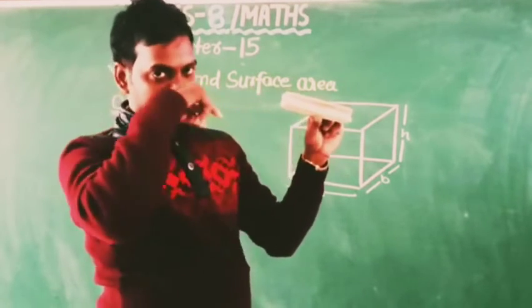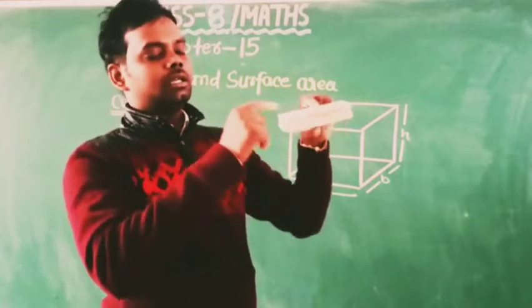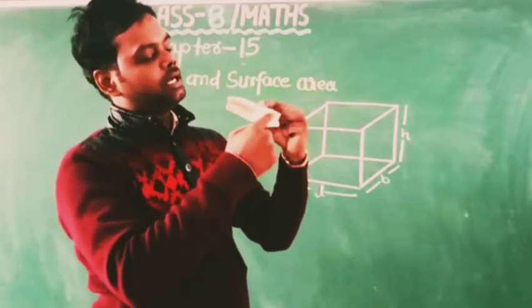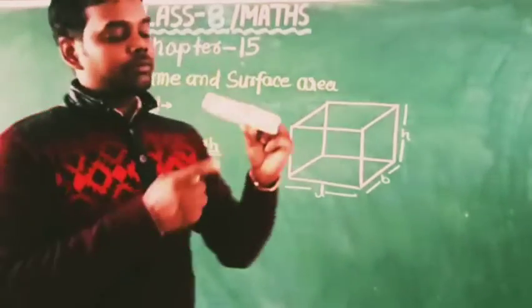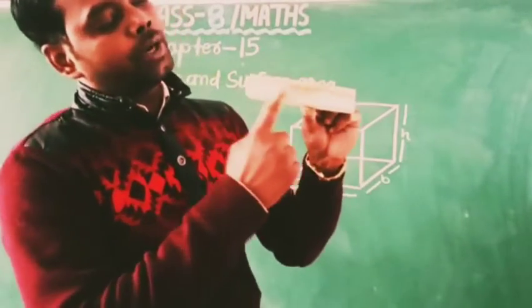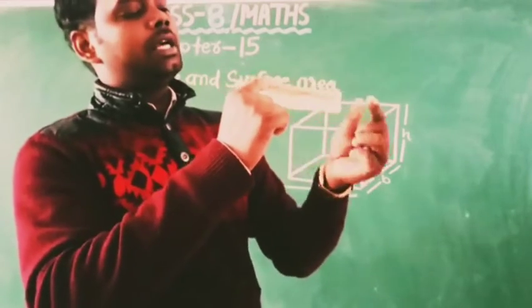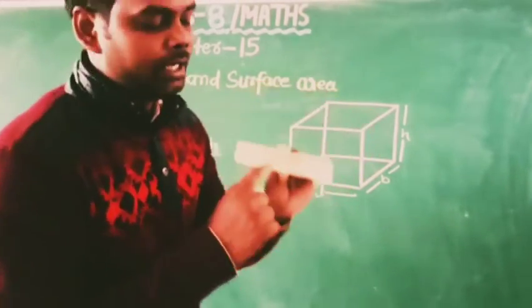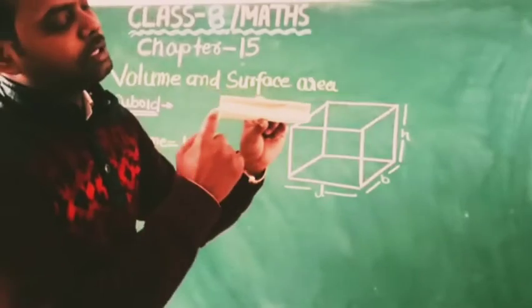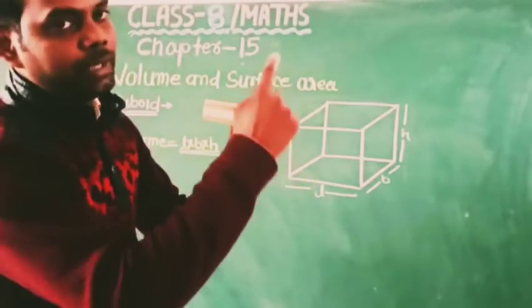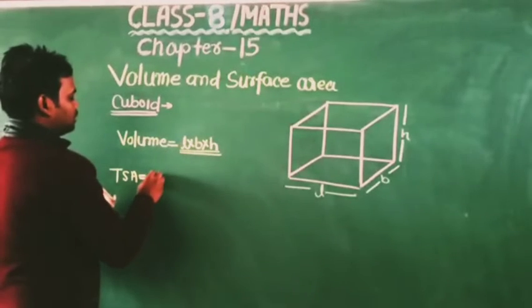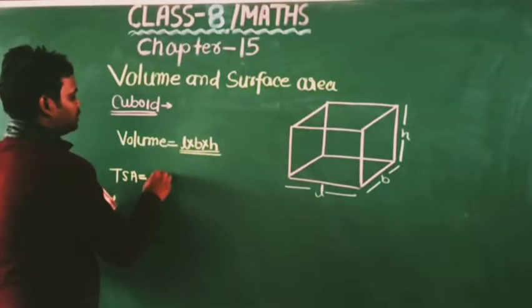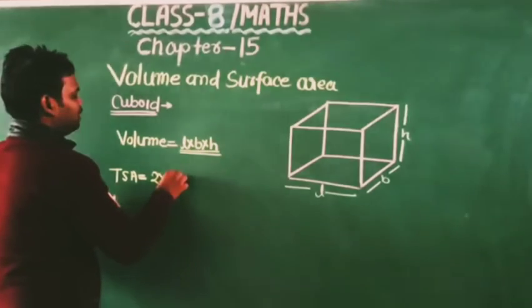This edge is also breadth. So this means area of front side is the same as the area of back side. The area of front side is calculated by length into breadth. So this is 2 times L into B.